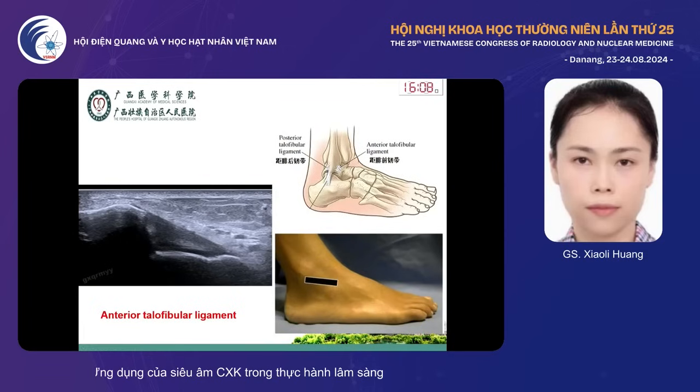If you need to examine the anterior talofibular ligament, place the probe here, and you can get the image like this.